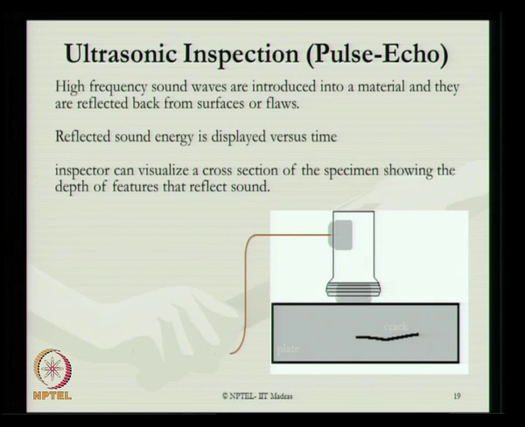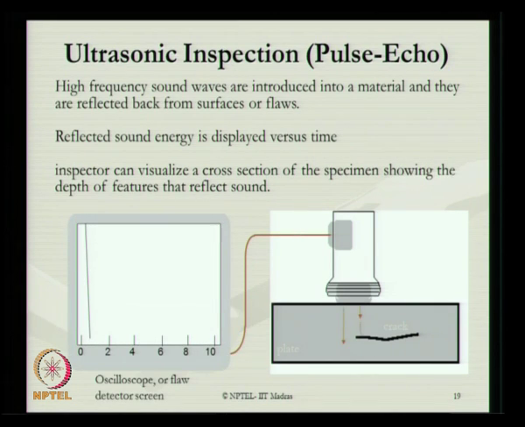The other famous method used for NDE is ultrasonic inspection, which we also call pulse echo. High frequency sound waves are introduced into the material and they are reflected back from the surface or the flaws. For example, let us say I have a thick plate which has a crack or a flaw.